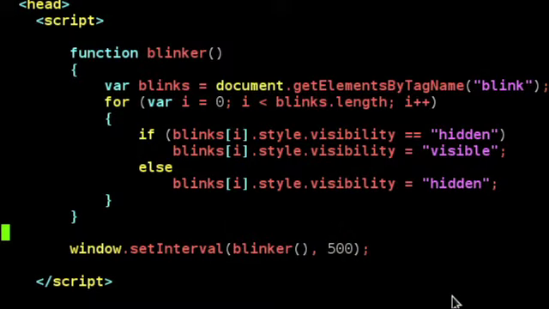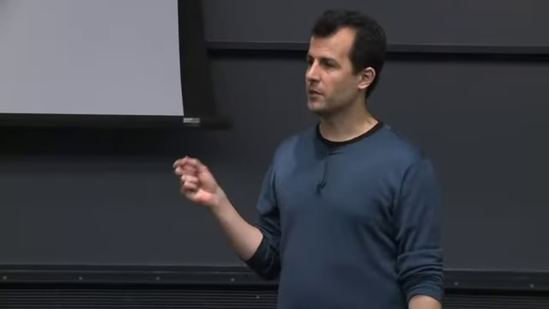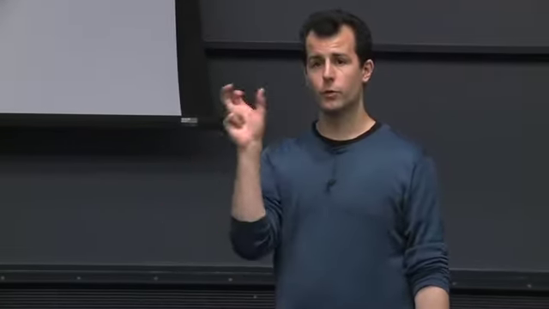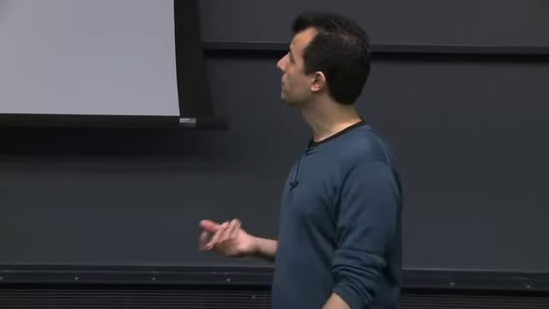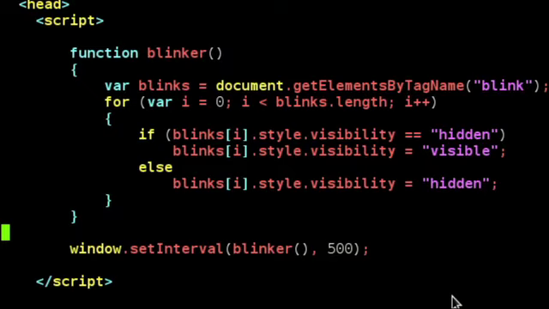Exactly. So in this case, just like in all of the examples we've done thus far, blinker open paren close paren means call blinker. There's nothing fancy there. The problem with that is that, as Jack said, that will effectively call blinker once, and that's it. But what you're trying to do here is apparently set the interval of 500 milliseconds to call whatever the first argument is. Now, does blinker return anything? It actually doesn't return anything at all, which means you have nothing to call.